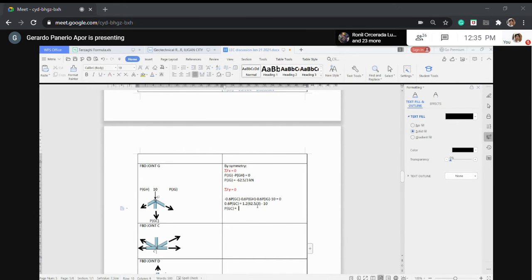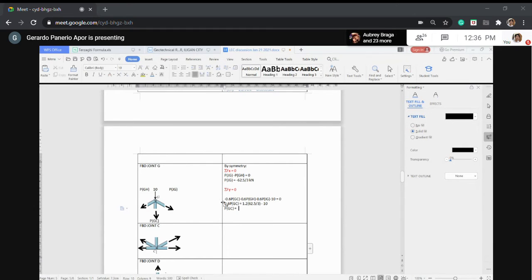Yes, that's it. That 1.2 na siya. Positive. So 62.5 divided by 3 times 1.2 minus 10 divided by 0.6. Let's see, this is 25. Wala man. So this is 25 really.